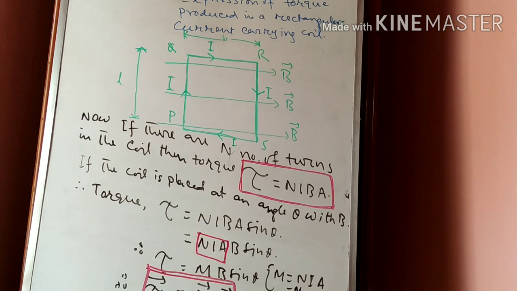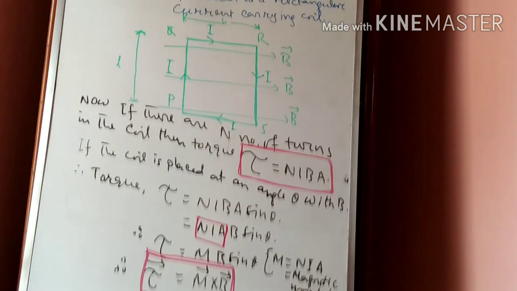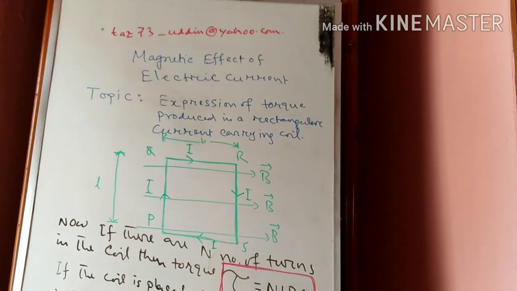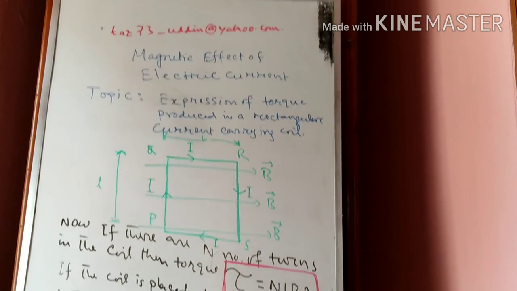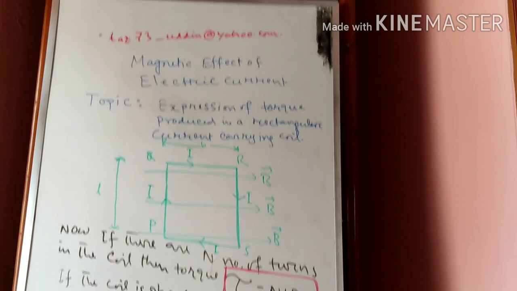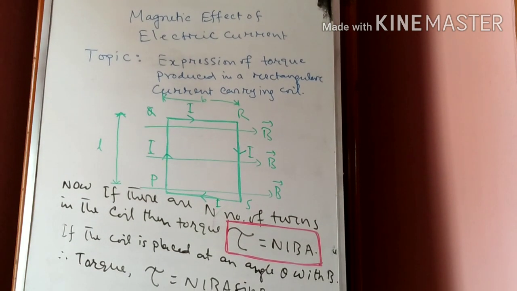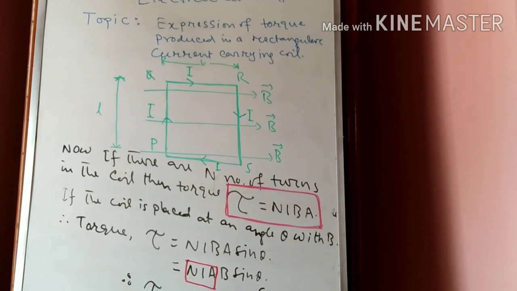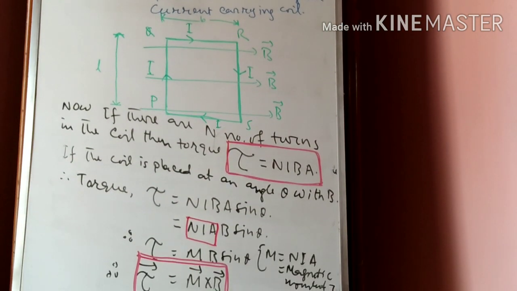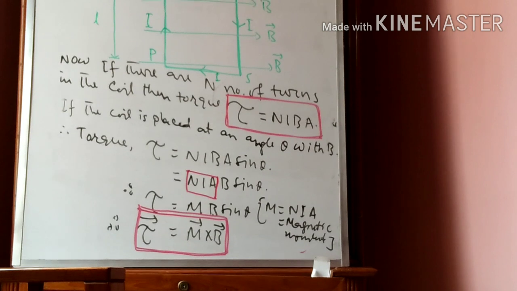And then after this, I am going to show you a small video clip. So here is the topic today. I am going to finish magnetic effect of electric current, and I am going to show you a small video clip of this expression too.